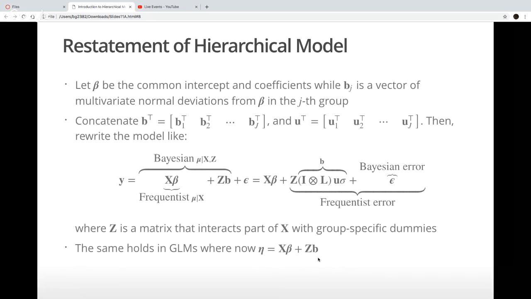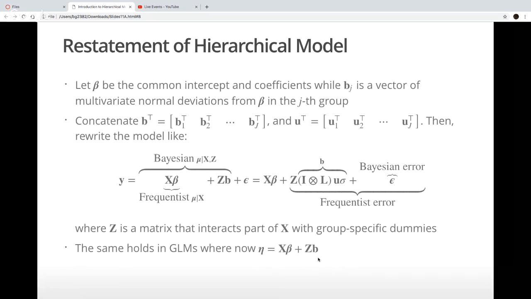Anyway, from a Bayesian perspective, the conditional expectation of the outcome given the observations X and Z is the sum of the common coefficients beta times the predictor values on the X's, plus the deviation from those common coefficients represented by some columns of Z multiplied by the corresponding elements of B. So we have a conditional expectation given X and Z, at least if we're thinking about this from a Bayesian perspective.